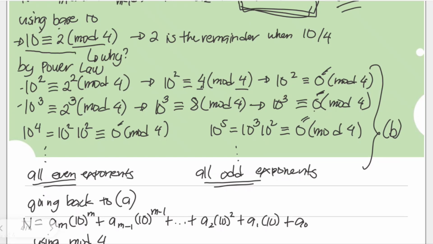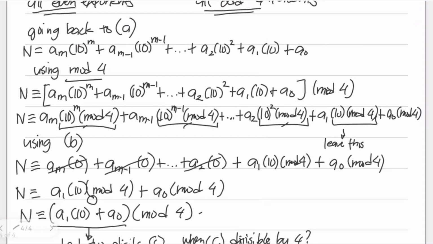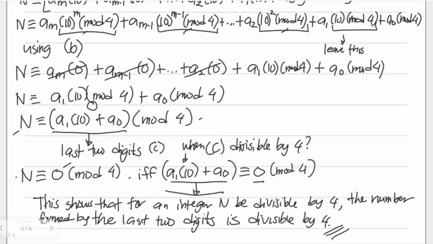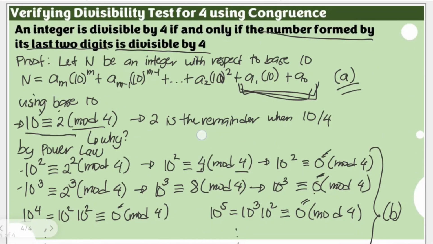So we have this analysis here. You may want to review this part. And then going back to our A together with the B, we come up with this form, which is actually the last 2 digits, and that is only true. Our n is only divisible by 4, meaning this is 0, if our form here is also congruent to 0 modulo 4. This is the proof for the divisibility test for 4 using congruence.